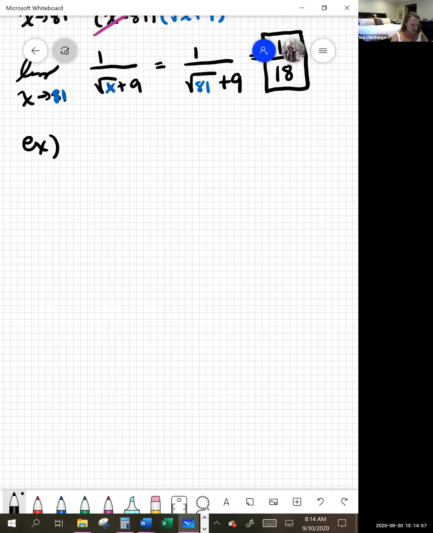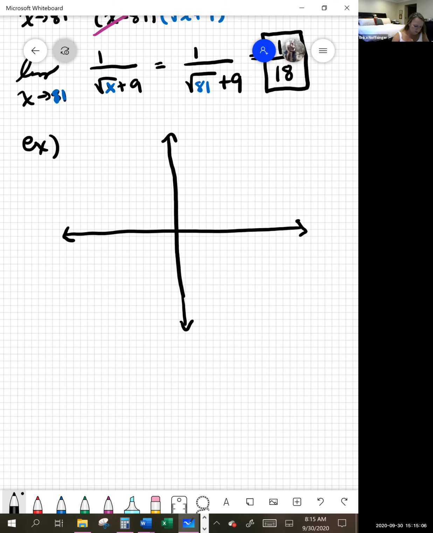Okay, so next one, you have a picture of a graph. So I have a point going through the -2, shooting downwards. X-axis at -2, -1, 1. We have an open circle.